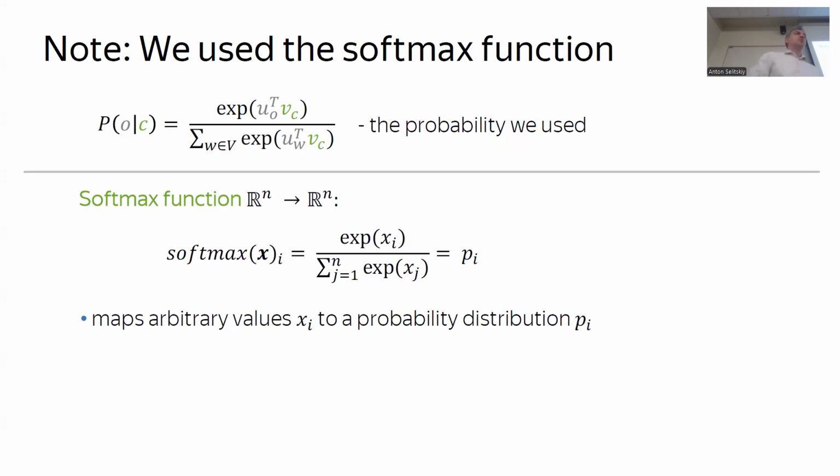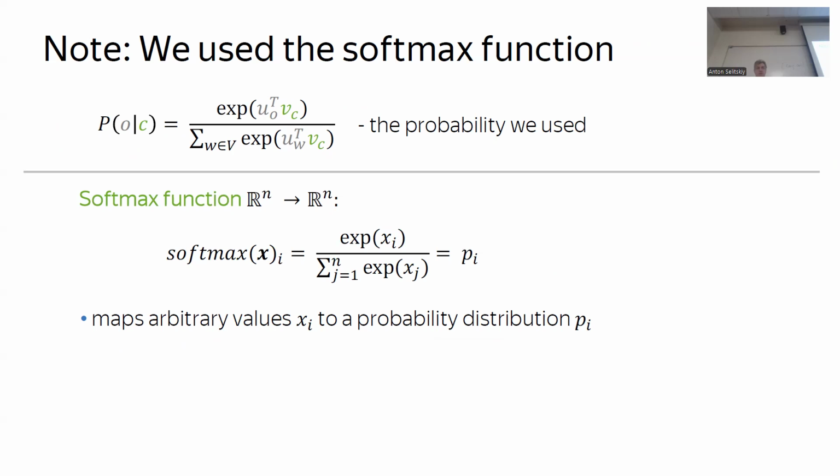If our model increases the probability that one central word is more frequent in context with another word, then it will increase one probability.